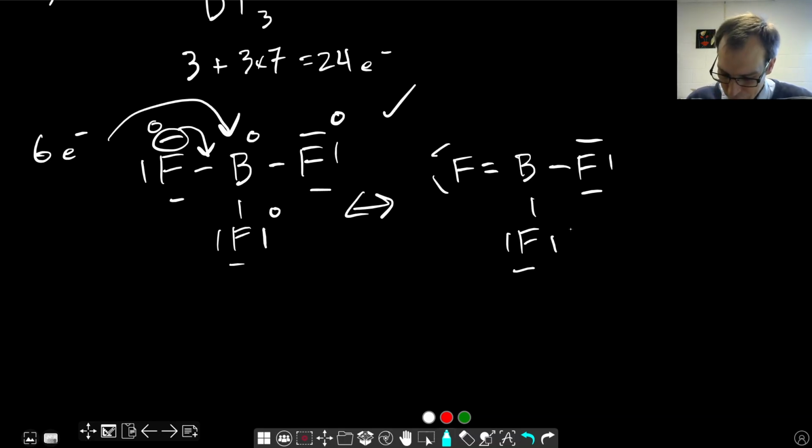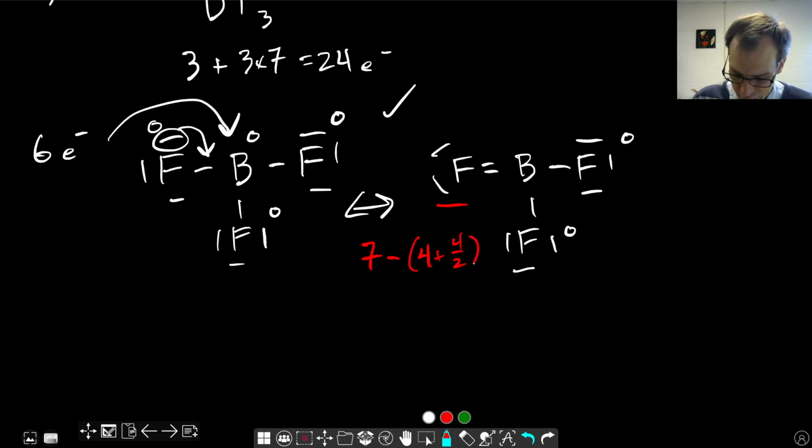Now let's look at our formal charges on these fluorines. You can double check me on these if you don't trust my math. These 2 fluorines have formal charges of 0. But if we look at this fluorine right here, fluorine has 7 valence electrons normally. We've got 4 electrons in lone pairs plus 4 that are shared, so that gives us 7 minus 6, which is plus 1.